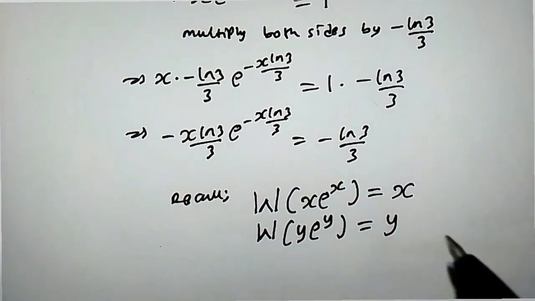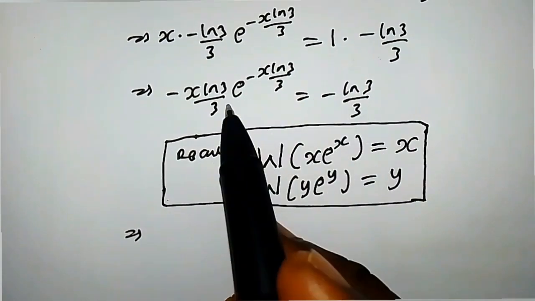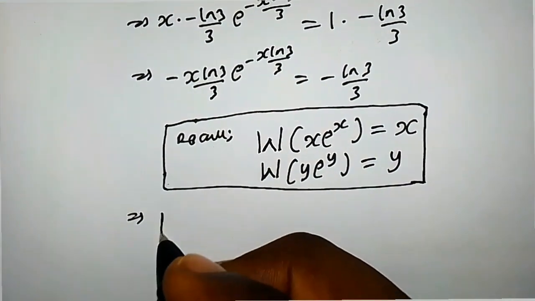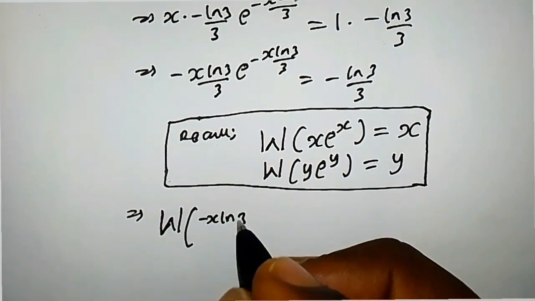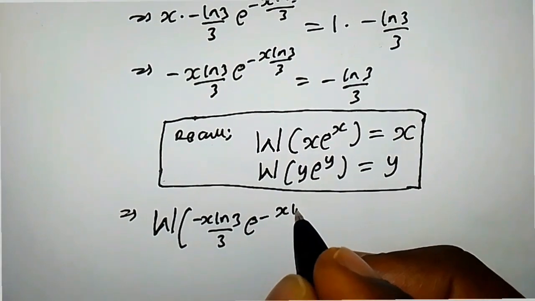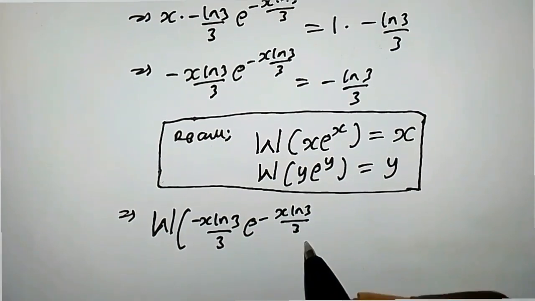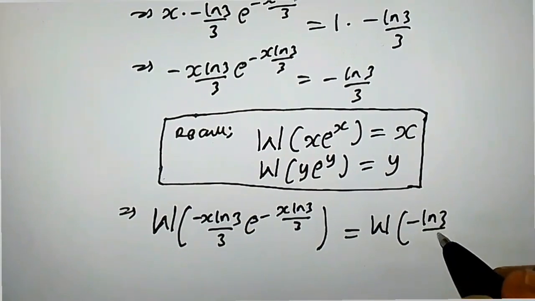So let's have that property in mind. This implies, let's take the Lambert W function of both sides. So we get W of minus x ln 3 over 3 times e to the minus x ln 3 over 3 equals W of minus ln 3 over 3.